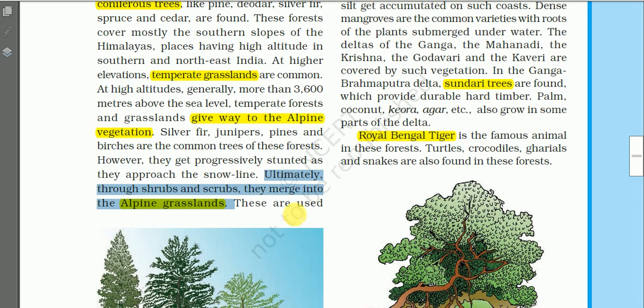Shrubs and scrubs are small trees mixed with grasses. From the scrubs and the shrubs, the vegetation merges into the alpine grassland.